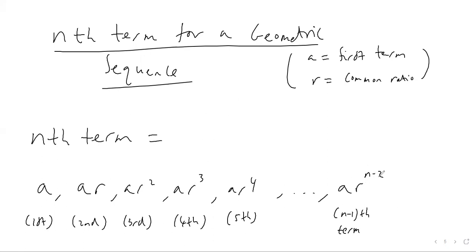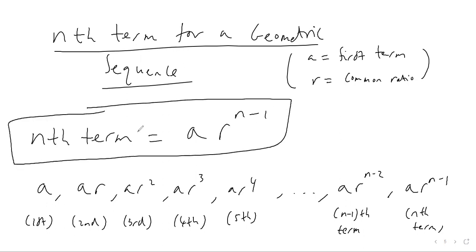So n minus 2 is 1 less than n minus 1. So a times r to the power of n minus 2 is the n minus 1 term, and a times r to the power of n minus 1 is going to be our nth term. So our nth term formula is going to be a times r to the power of n minus 1.